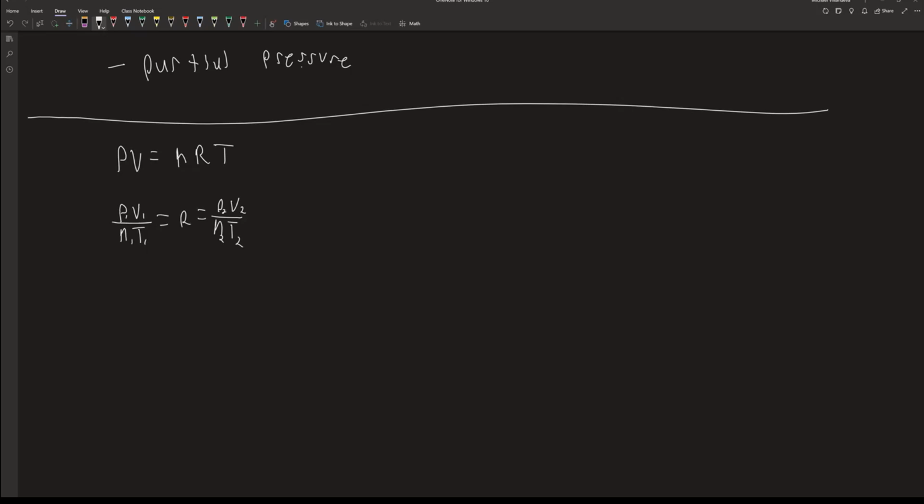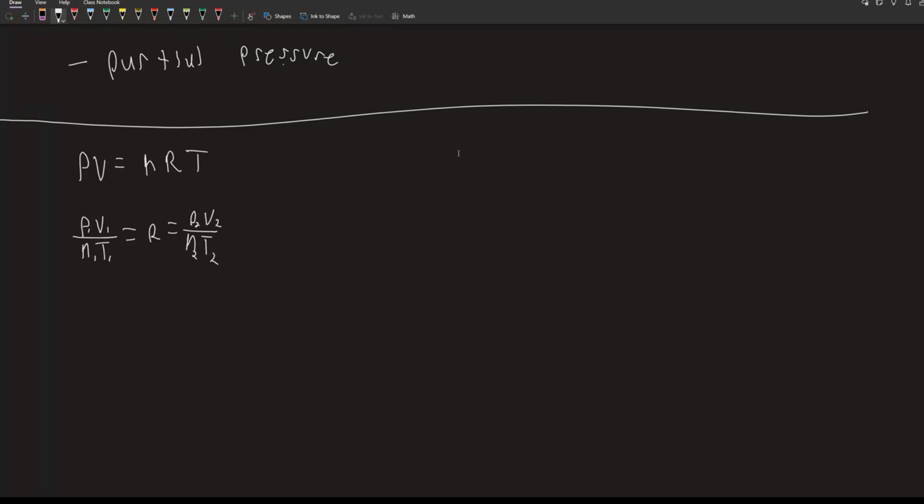What else do we need? Pretty sure I actually have a whole sheet somewhere. Let me take a look. All right.